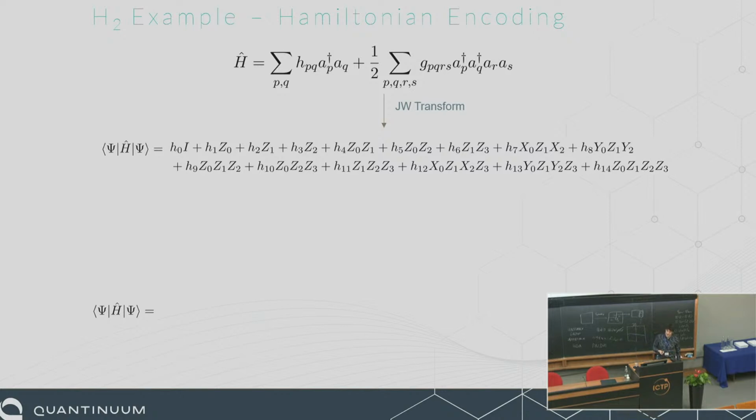So the weighting coefficients here, when you apply the Jordan-Wigner transform, some program will probably spit this out for you, but if you do it by hand, you end up with something like this. And there's some mixing that happens between these, but for H2, you end up with 15 terms.